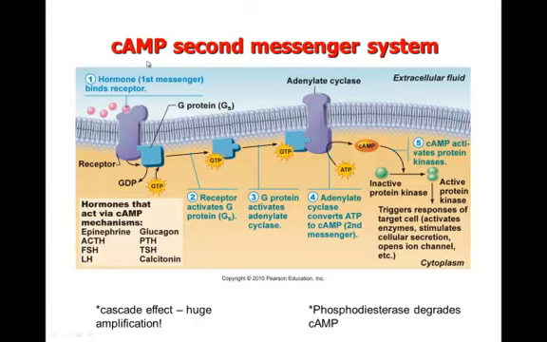What I want you to know is that it's the amino acid-based hormones that have to use second messenger systems. The reason is that this hormone cannot get inside of the cell, so it has to use a second messenger to get its message inside.